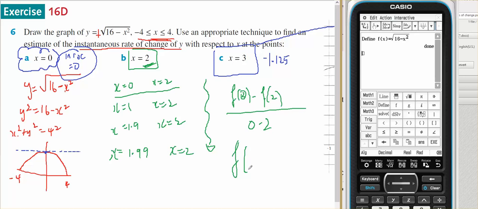Then the next one will be f of 1 minus f of 2 over 1 minus 2.